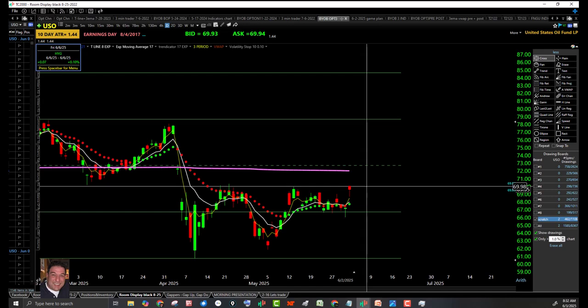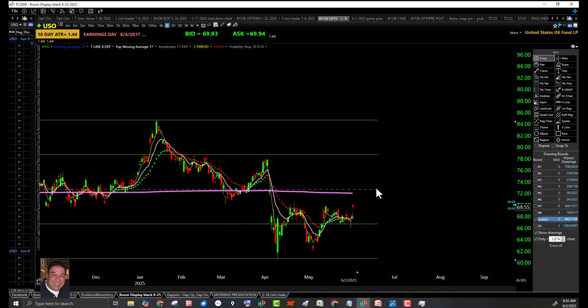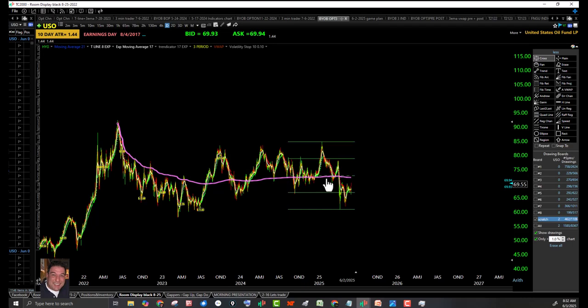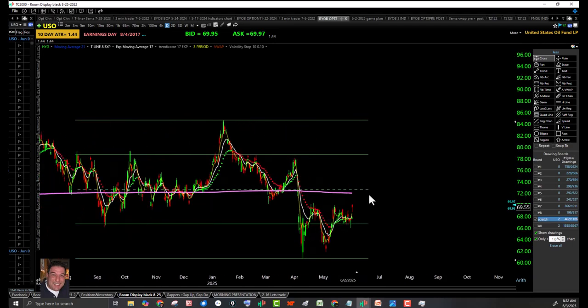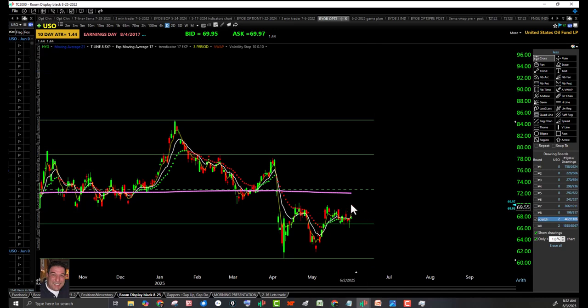Make it a little higher high. All right, on USO, still caught underneath this 3-year high anchored VWAP. That's the pink line. Okay. Remember, they just broke out of the bearish zone. That's the lower third. So they're just neutral right here. And they started a new uptrend. So there's USO.